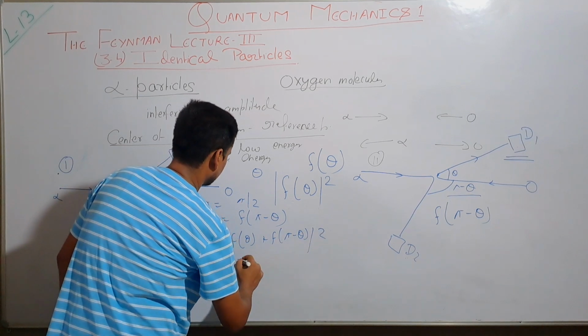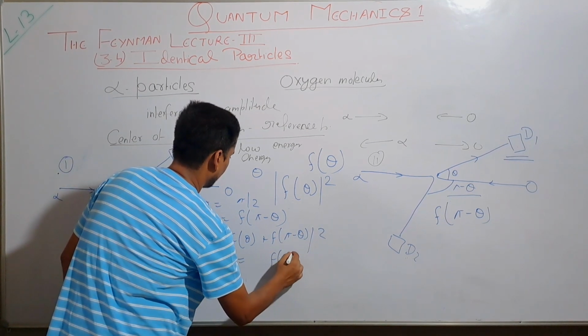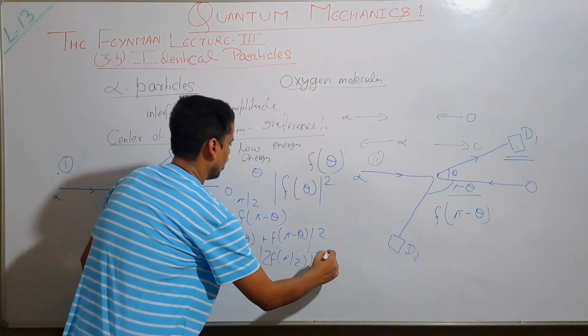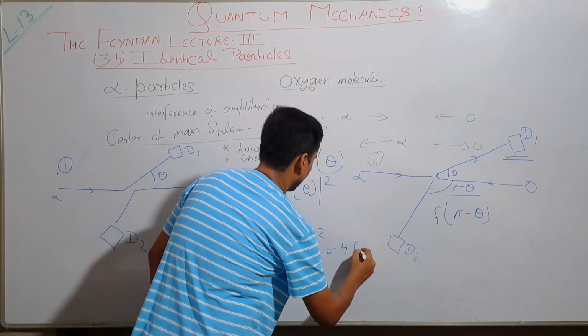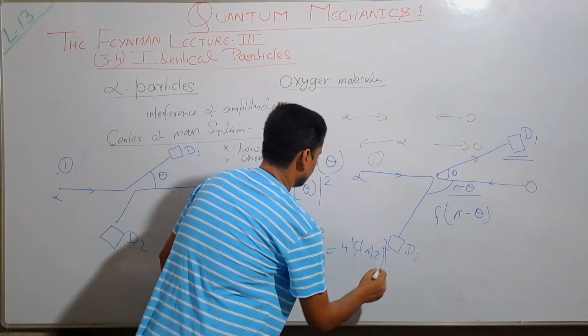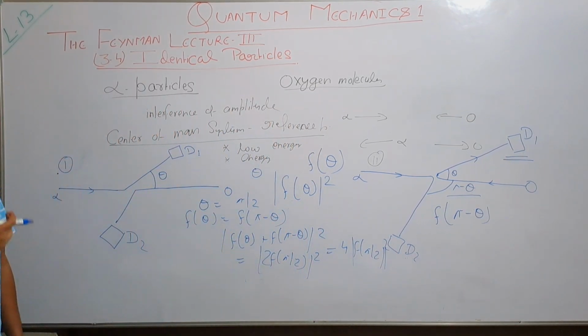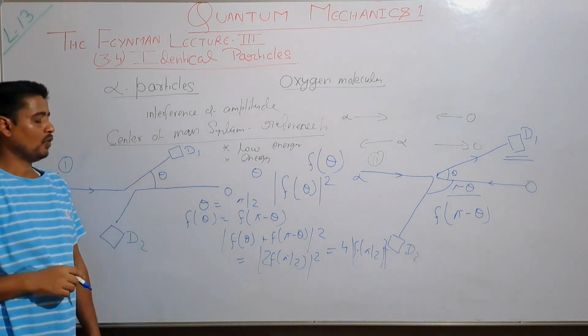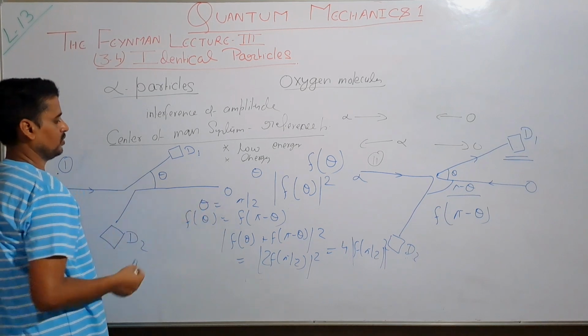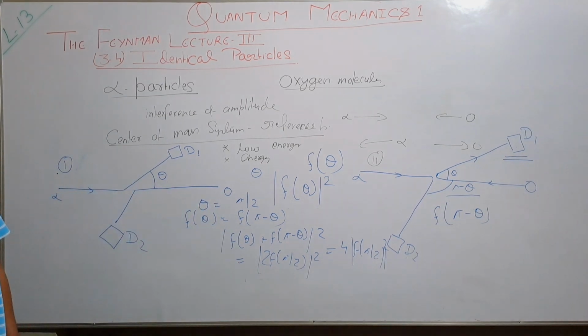That is f pi by 2 plus f pi by 2 whole square, or 4 f pi by 2 square. This is the probability of getting the alpha particle at detector D1 when the angle between the alpha particle and oxygen molecule is pi by 2.